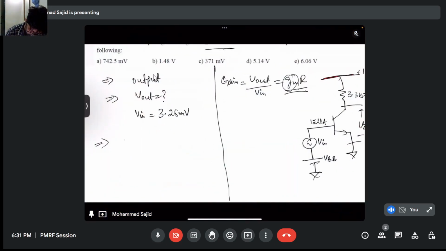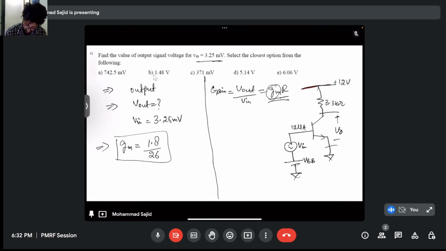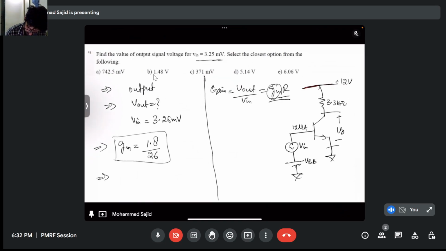Okay, so now we have GM we calculated earlier, that is 1.8 by 26, that we know. And we know the definition of GM, that is, if this is I out, GM will be equivalent to I output by V in, right?